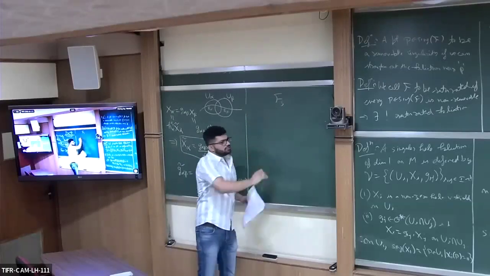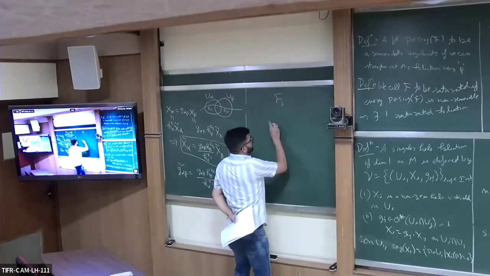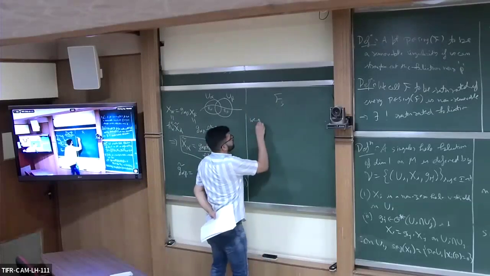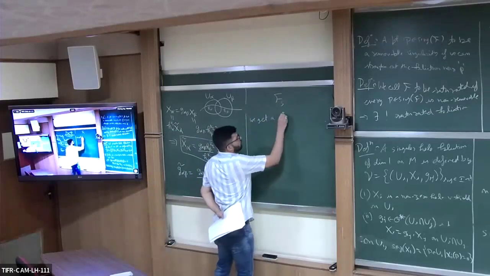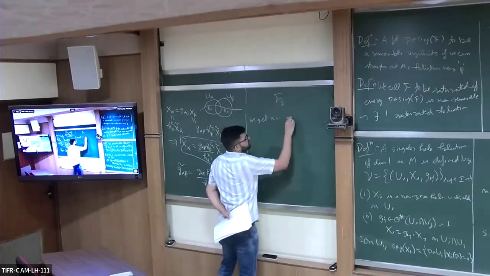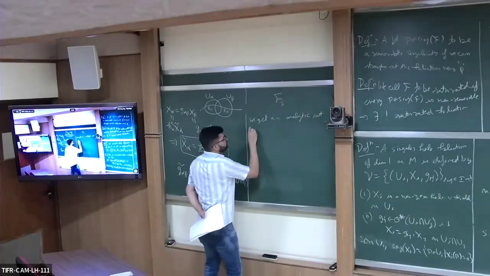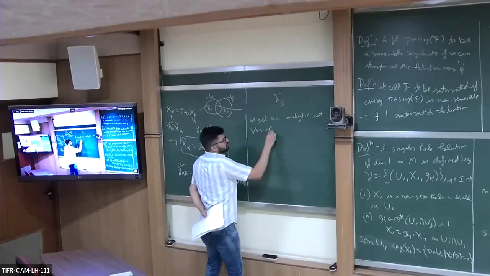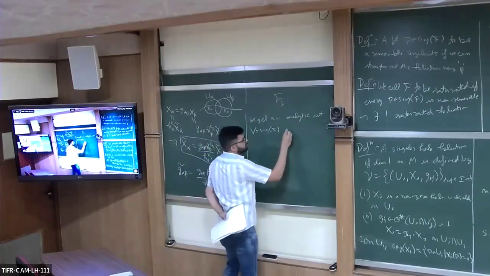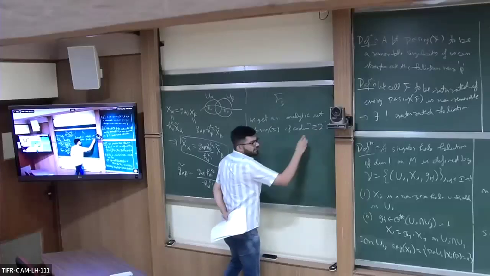Given a saturated foliation, from the data what we get is an analytic set V, in this case the singular set, of dimension greater than 2.